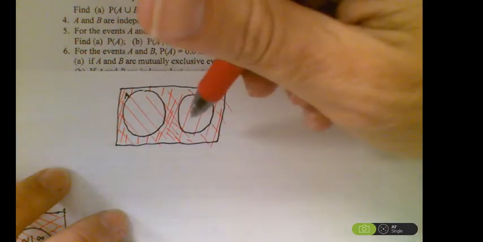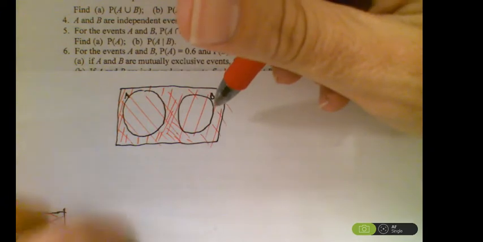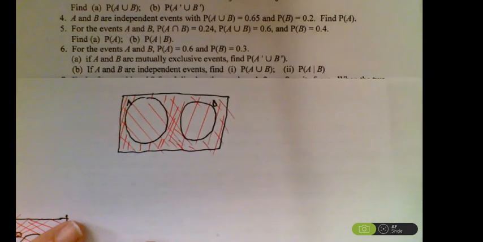In this case, I shaded everything. So because they're mutually exclusive and had no overlap, to shade the things that are not in A or not in B is everything. So that would give you 100% probability, or 1.